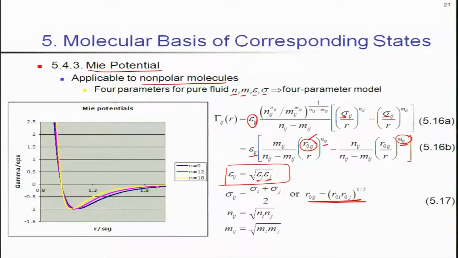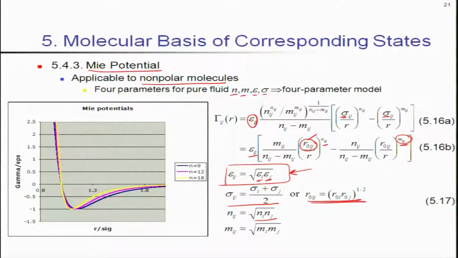One important thing is that this has a very sound statistical mechanical origin, whereas this is a bit of a weak approximation. So, we can consider either this or that. n ij is considered as the geometric mean of n i and n j, and m ij likewise from m i and m j. If it is a pure fluid, of course, this becomes much simpler, but this is applicable to a mixed system.